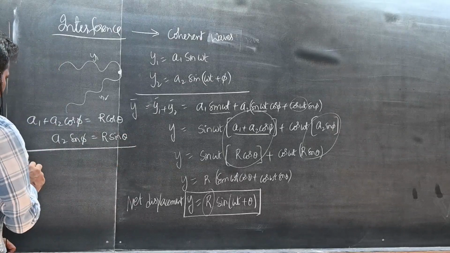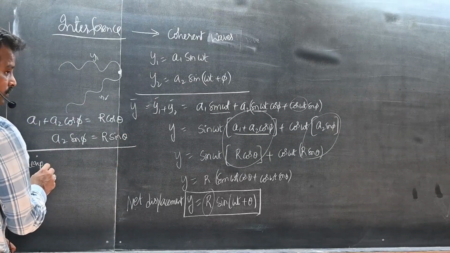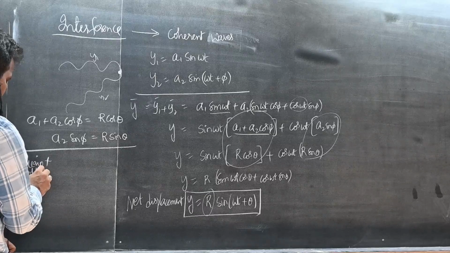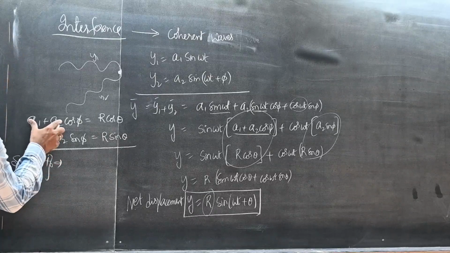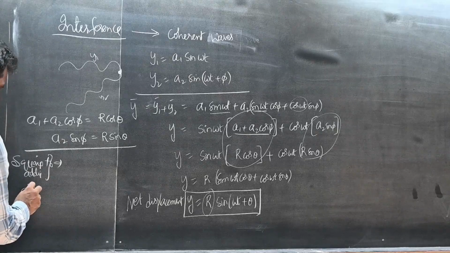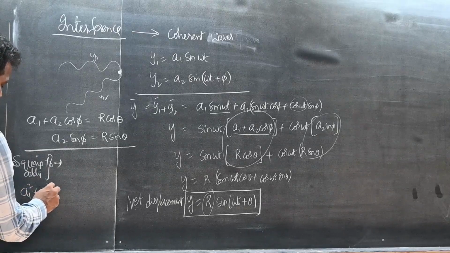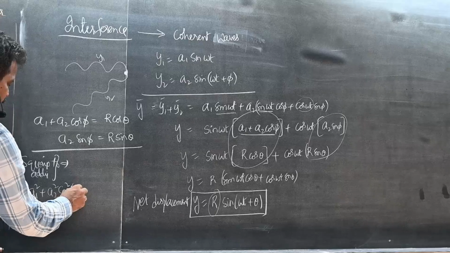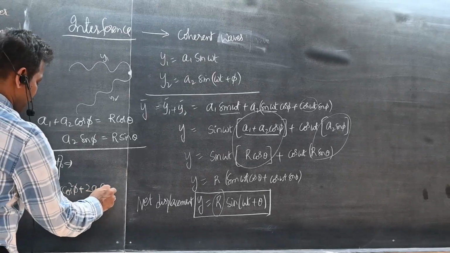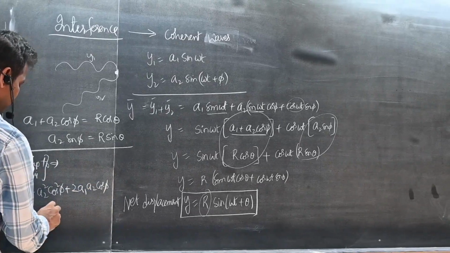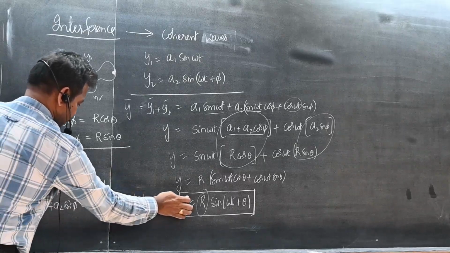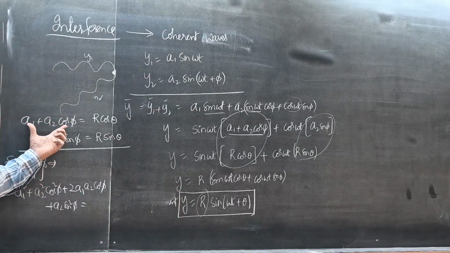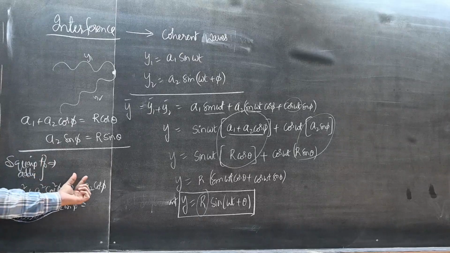Tell me. Square this one. A1 square plus A2 square cos square phi plus 2 A1 A2 cos phi plus A2 square sin square phi. Correct? Left side: A plus B whole square is A square plus B square plus 2AB.